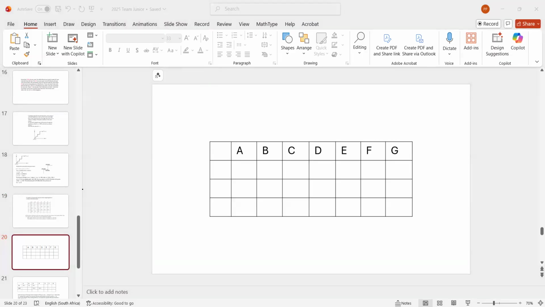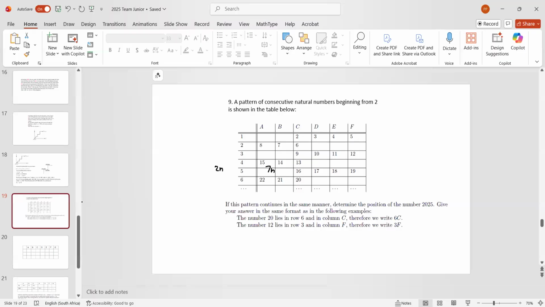I've got that in column B, here at the row 2n, here I've got 7n. Right. Now I want to see what the other numbers are using this only. So there it is here.